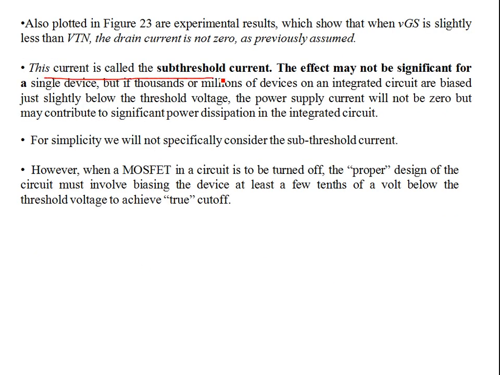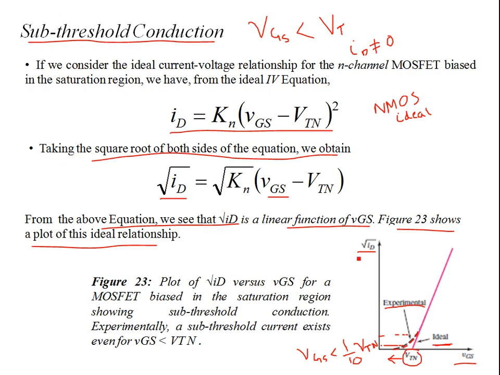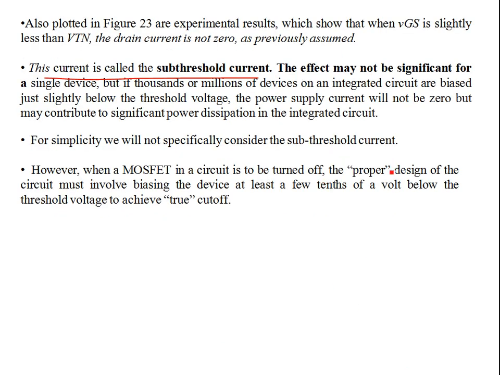We call this the sub-threshold current. When VGS is less than VTN, we still have some conduction current. This effect may not be significant for a single device, but if thousands or millions of devices of an integrated circuit are biased just below the threshold voltage, the power supply current will not be 0, and may contribute to significant power dissipation in the IC.